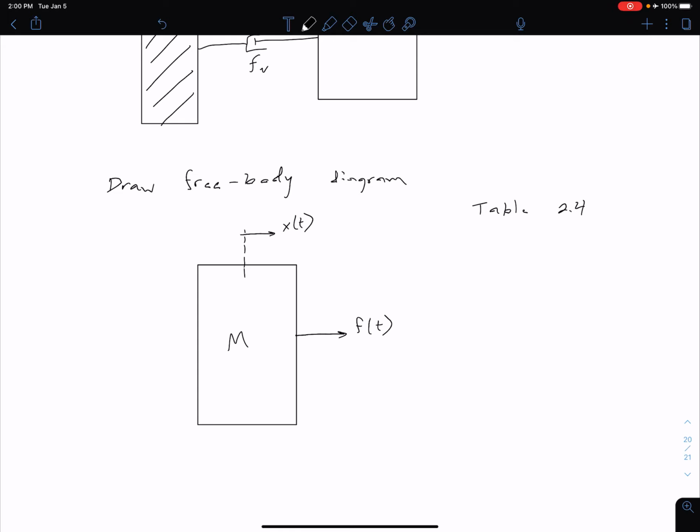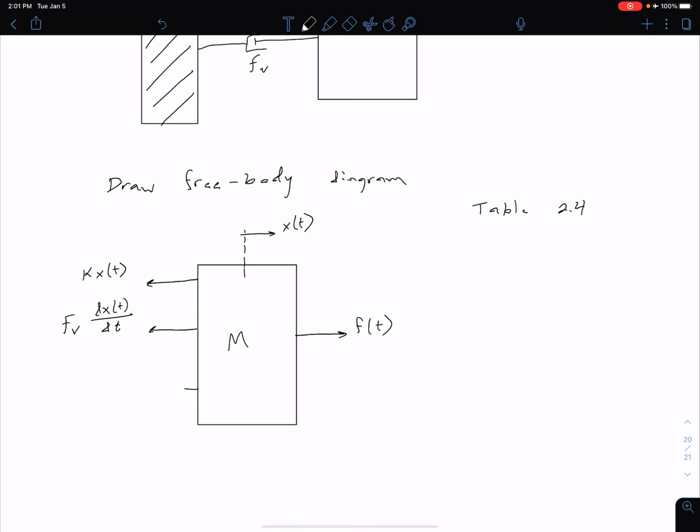We can see that the force on the mass due to our spring is going to be equal to the spring constant K times the displacement of the mass x of t. From that table as well, we can see that the force from our viscous damper is the viscous damping coefficient f sub v times the derivative of the displacement, or the velocity of the mass, so dx/dt.